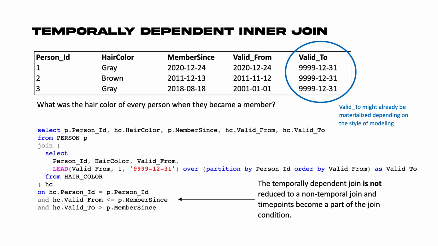Now, depending on your style of modeling, you may already have materialized this valid to date in the database. But if you look at many of the modern data warehouse techniques that are out there, they've moved towards being insert only, which means that you do not update any existing rows in your ETL flows.